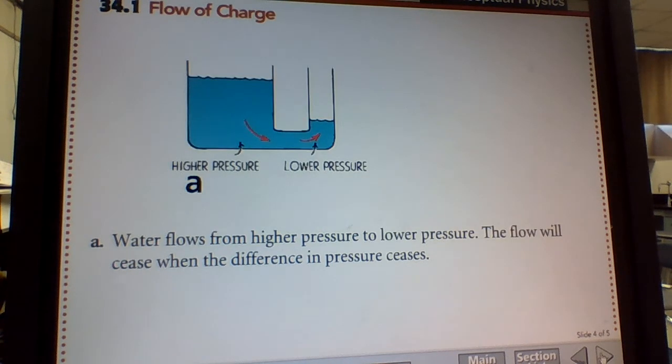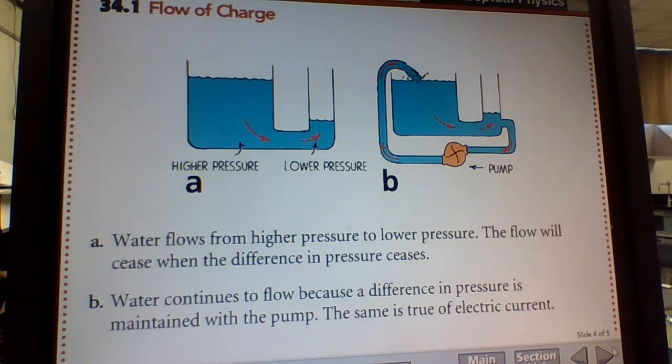Here is a couple of little water systems. In A, the pressure caused by the bigger tank at a higher level would flow over into the lower pressure area until they were at the same level. Once at the same level, there's no more pressure difference to push the water over, and so it would stop.